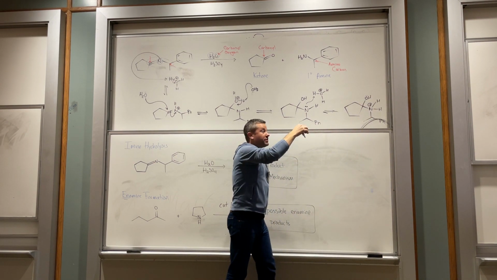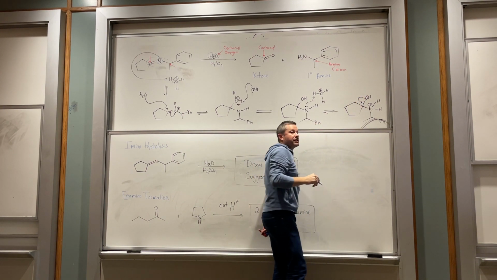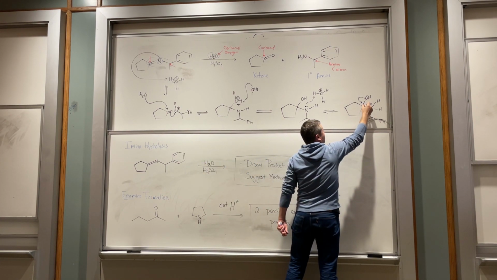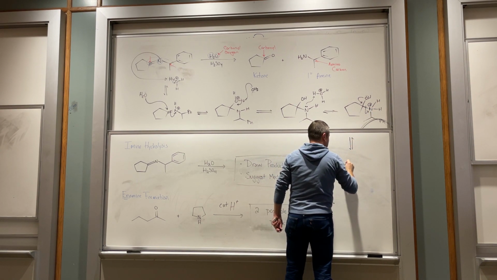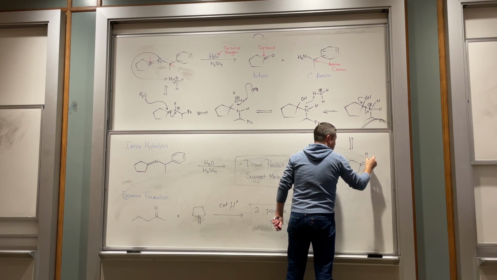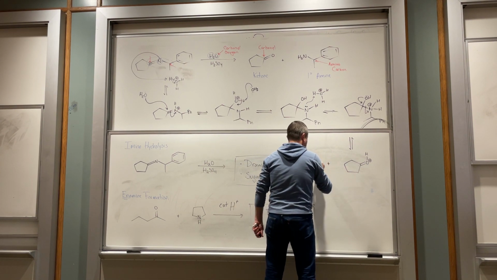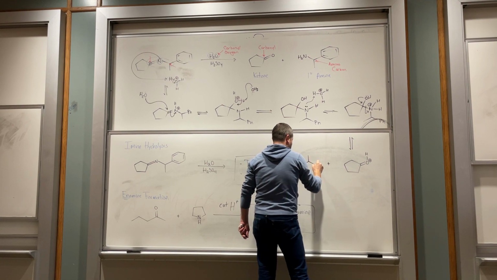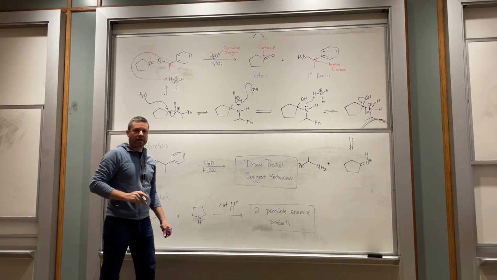Just like all other groups that leave in these reactions, they don't leave on their own, but they're kicked off by a next door heteroatom. So the oxygen electrons will fall down, form a pi bond. The carbonyl oxygen is still protonated. And then we have our amine.